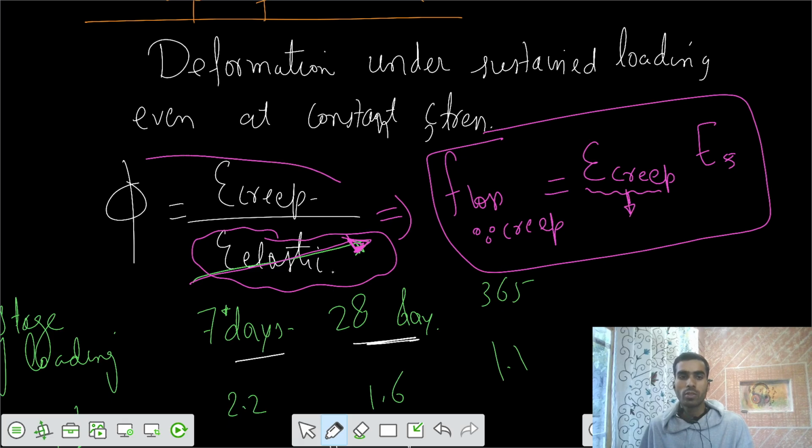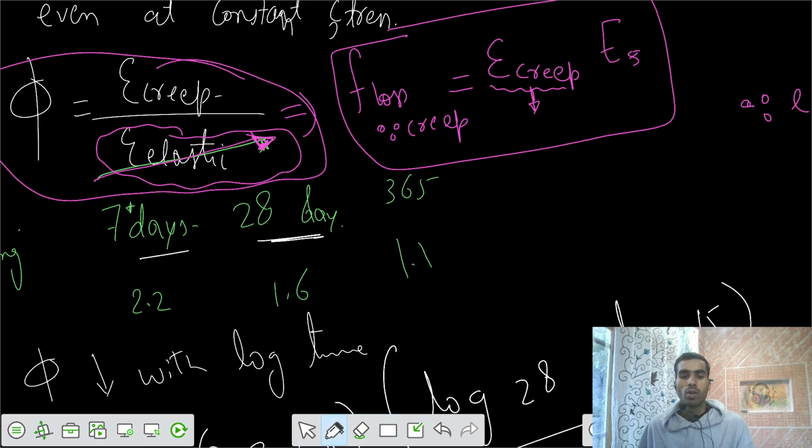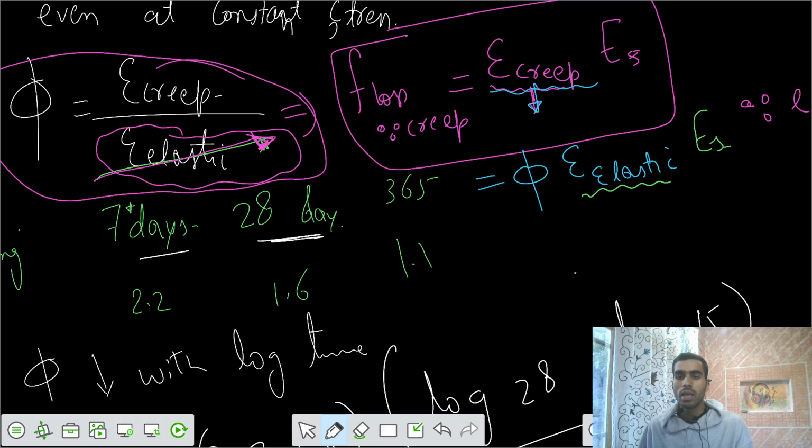For that I have to use the equation we have. The loss of stress because of creep equals phi times the elastic strain. This E creep has been replaced by phi times E elastic, multiplied by ES. Now, what is this E elastic?